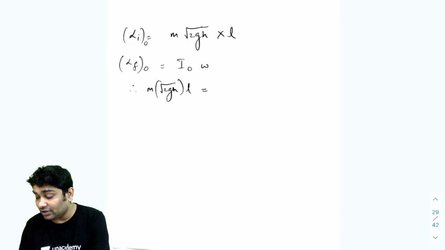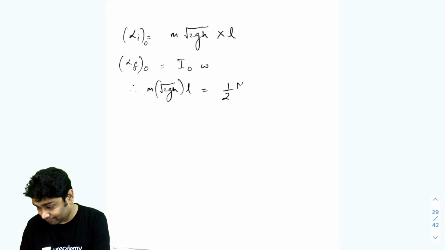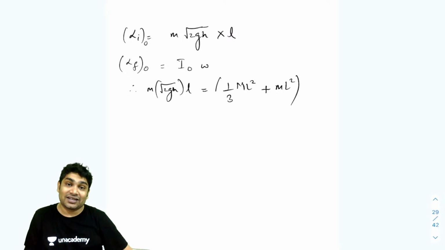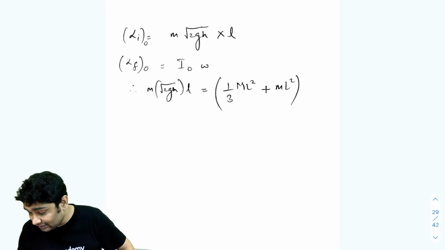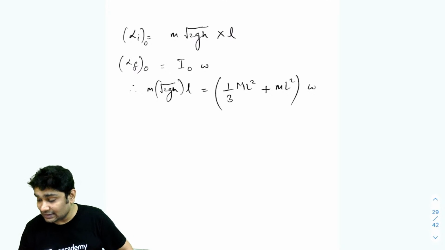I would be the I of the rod, which should be 1/3 mL squared, plus the point mass being stuck at the end.